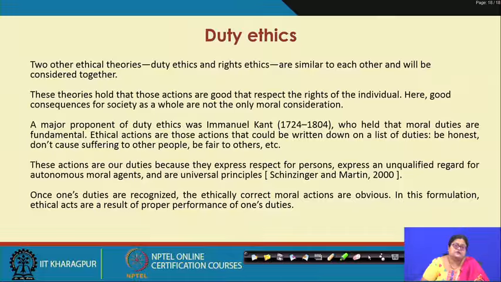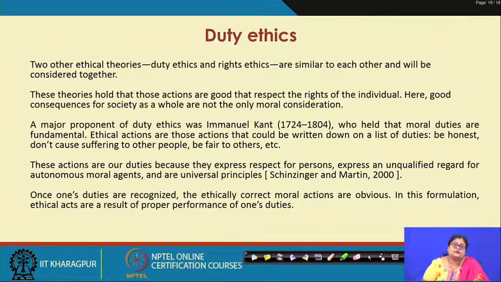When we are looking at the acts of individuals, what they need to do so that it leads to the collective well-being.